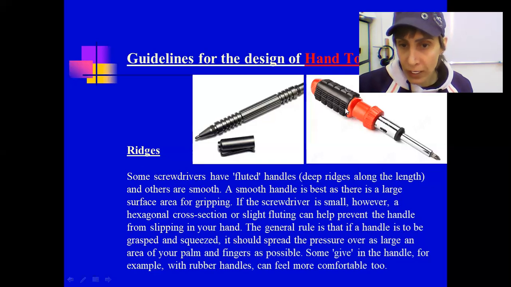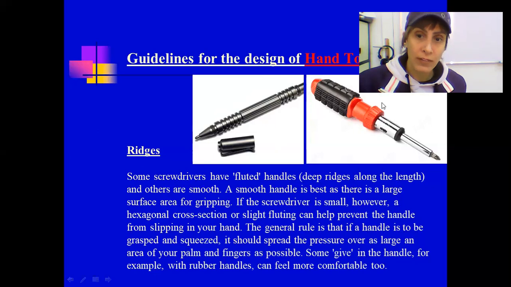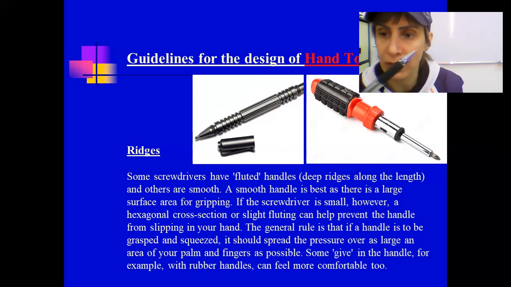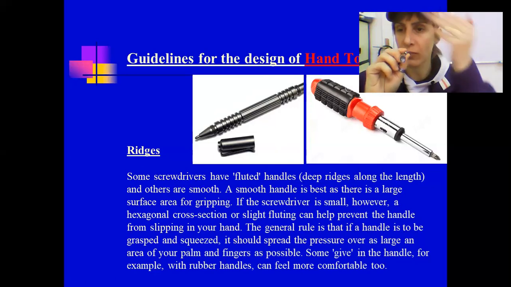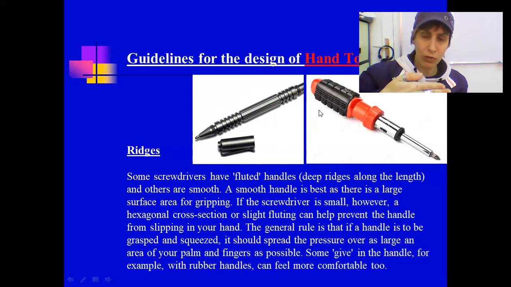Do you see here? Notice also the cross section. This is round, a circle. Like this pen, for example, there are ridges, but the cross section is what? Circle, it's round. Look at the cross section of this. If you cut it, you will see a square.